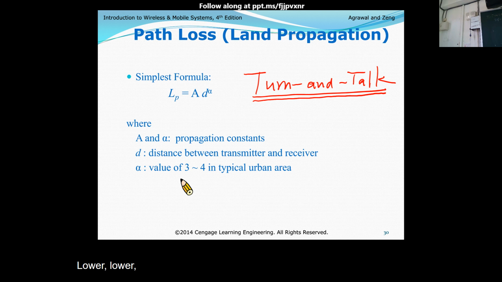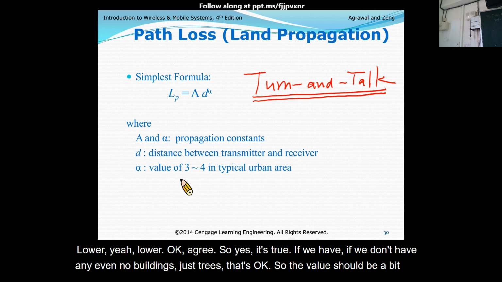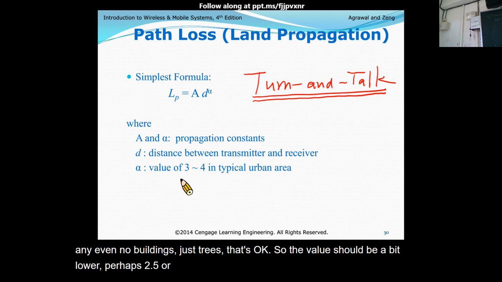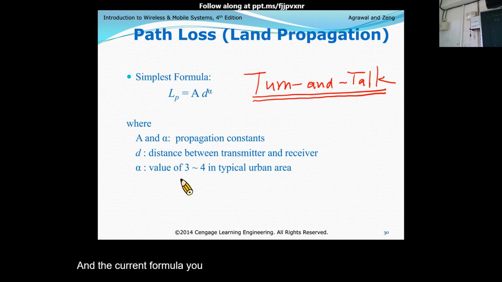So yes, it's true. If we don't have any buildings, just trees, that's okay. So the value should be a bit lower, perhaps 2.5 or something else. But for free space, it's 2. All right, so this one. And the current formula, you see, is the simplest formula.